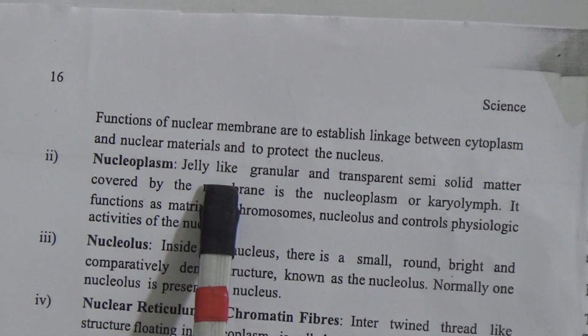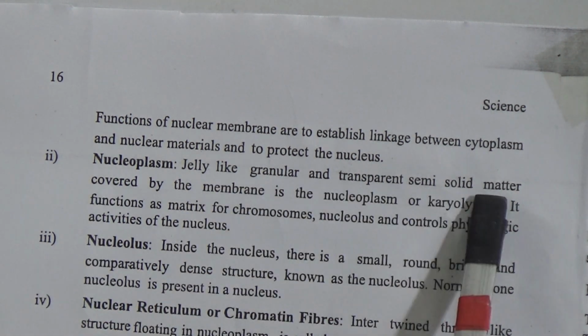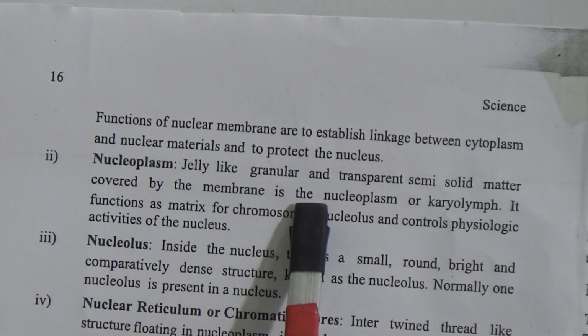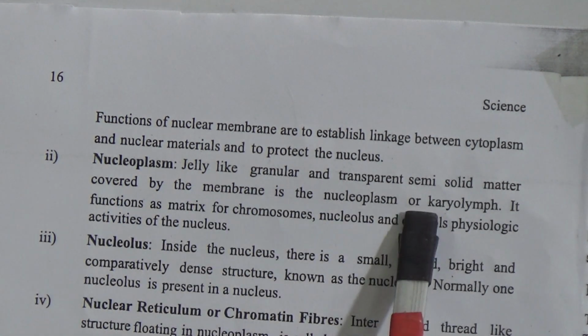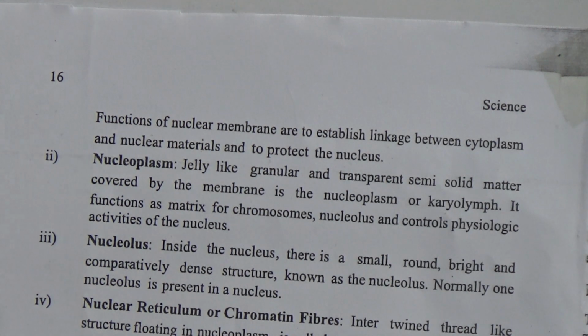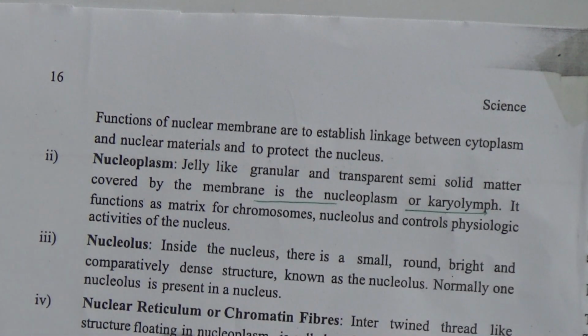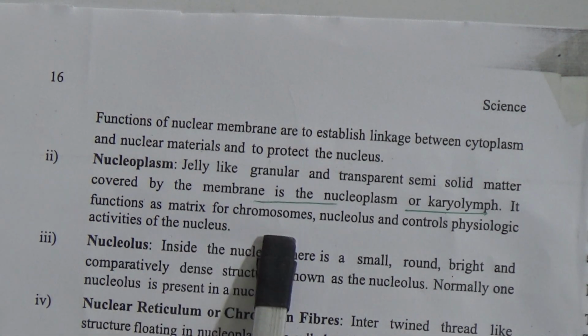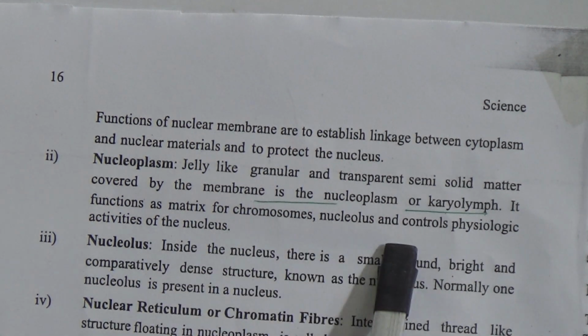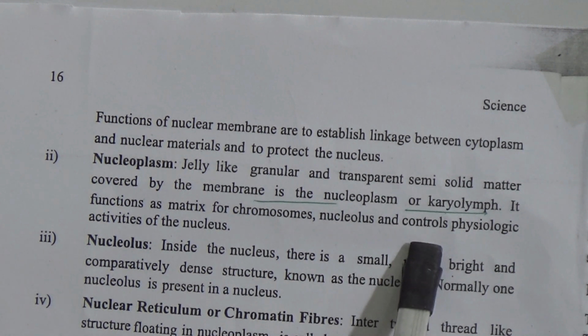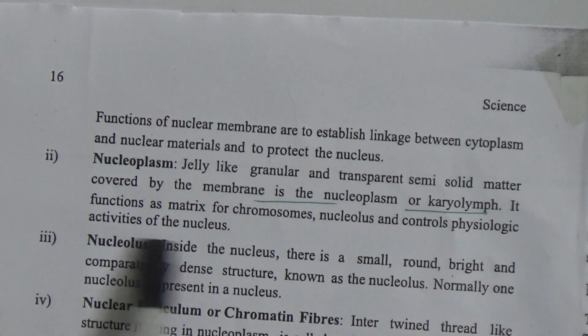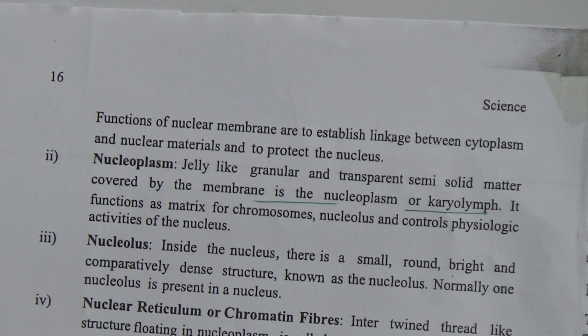Now nucleoplasm. The jelly-like granular transparent semi-solid matter covered by the membrane is the nucleoplasm or karyolymph. It functions as matrix for chromosomes and controls physiologic activities of the nucleus.